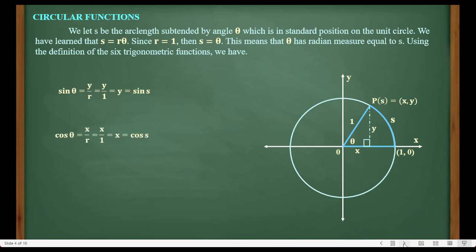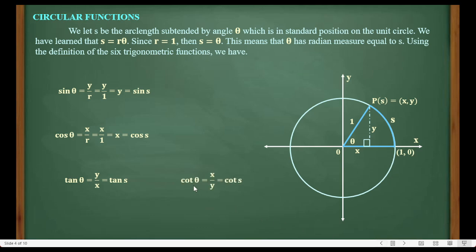And for cosine theta, that is x over r, since r is 1, so that is equal to x, which happens to be the cosine of s. Then, for the tangent of theta, that is equal to the ratio of y coordinate to x coordinate, and that is your tangent of s.